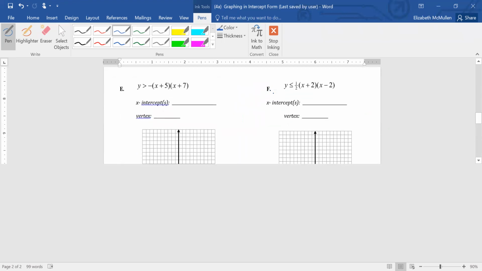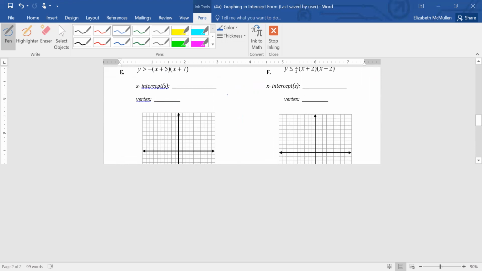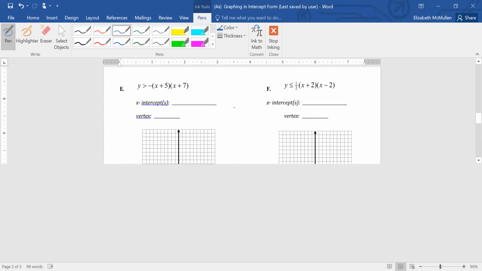Okay, next I want you to look at some inequalities here. For this inequality, I have negative x plus 5 and x plus 7. So set each piece equal to 0. x plus 5 equals 0. x plus 7 equals 0.